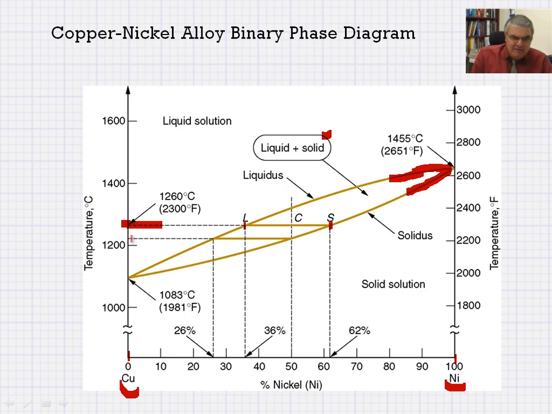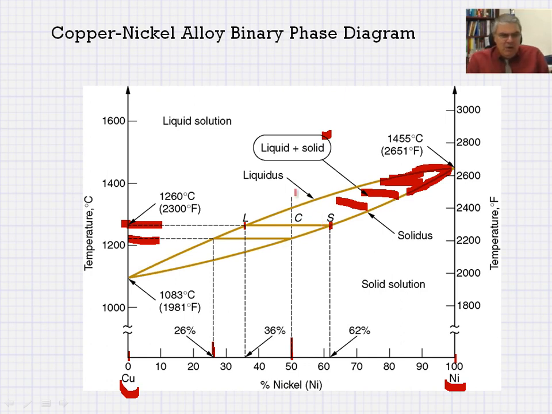At this particular point, for example, the percentage would be different. If it's 50%, of course, the phase here would be different. Note that if you draw a horizontal line, not all of them would have the same length as LCS. Again, we can extract much information from these diagrams, including the composition of the material. So they're very useful diagrams.